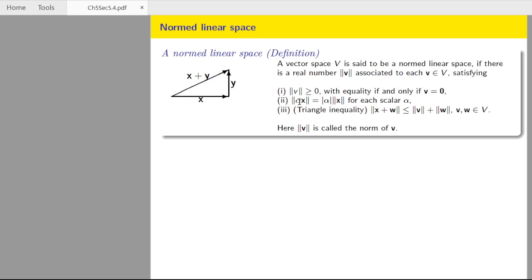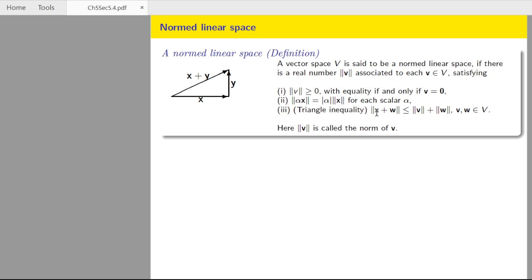But when we do this, the scalar, when it moves out of the norm, should take its absolute value, so that it is non-negative. Otherwise, we could get trouble, because in the first condition we assume all norms are non-negative. If we don't take the absolute value, then we could get a negative value. That's why we take the absolute value of alpha. The third property is called the triangle inequality.